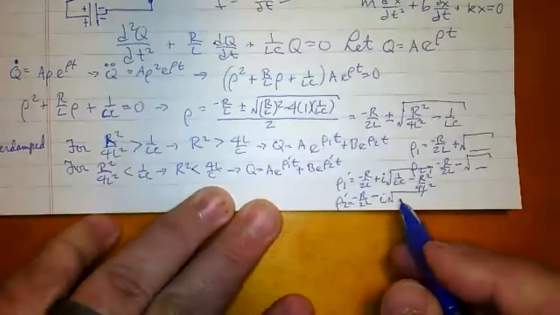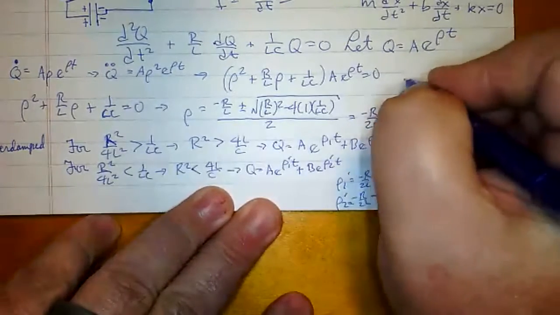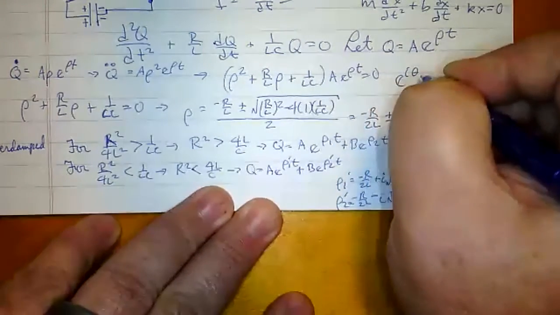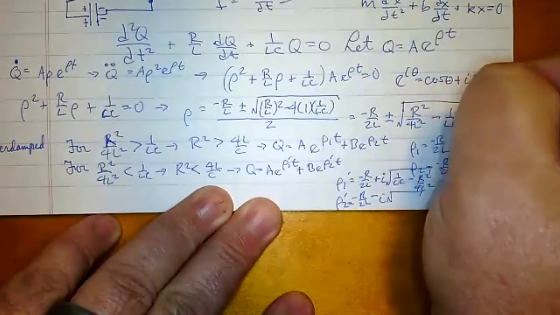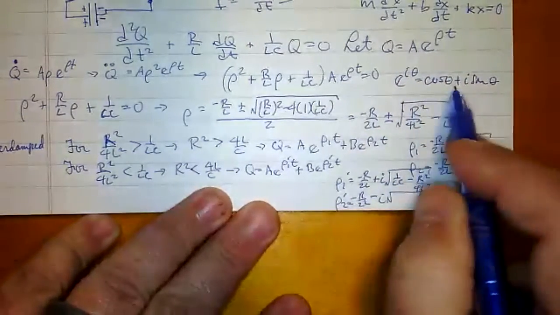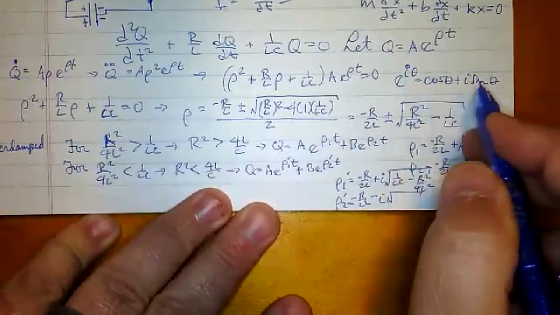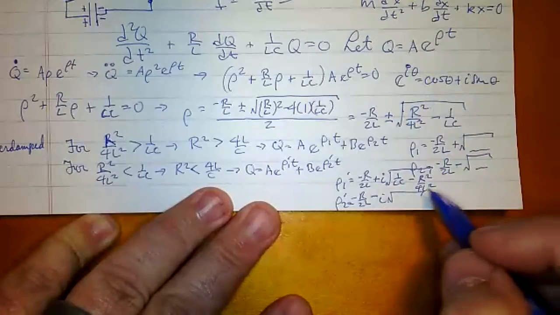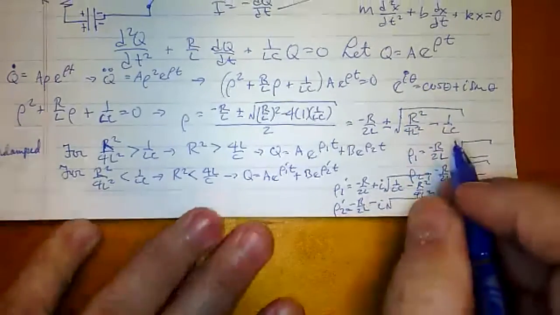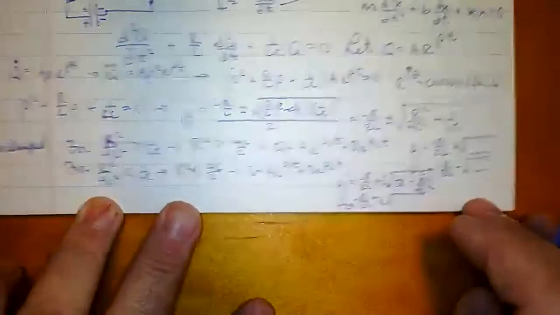The deal is when you have e to the i, then you actually can make sines and cosines because e to the i theta is equal to cosine theta plus i sine theta. You can do that by a Taylor series if you ever want to prove it to yourself. But in doing that, you ultimately end up getting sines and cosines for this. And that is the case that we call underdamped, or just plain damped.